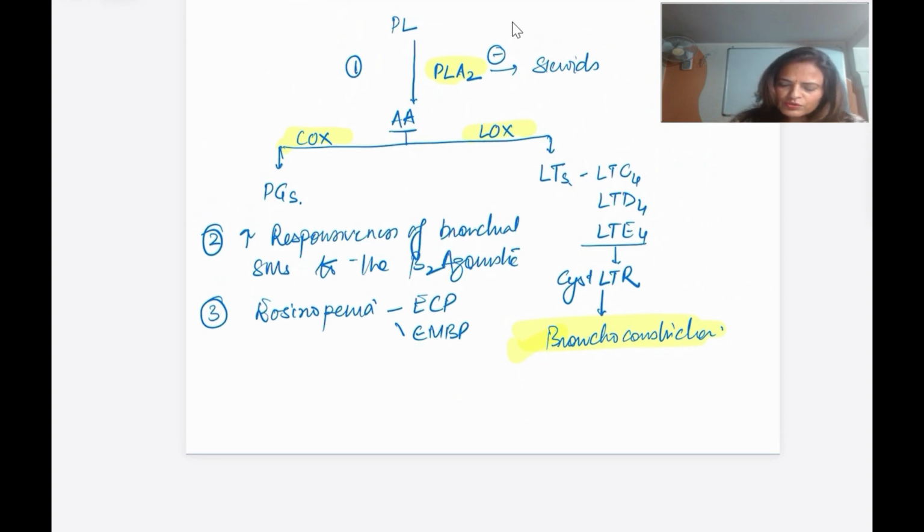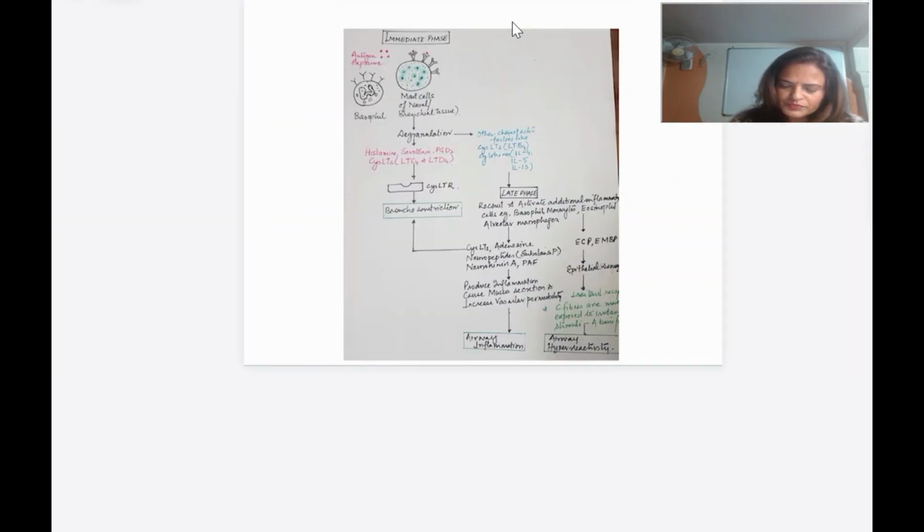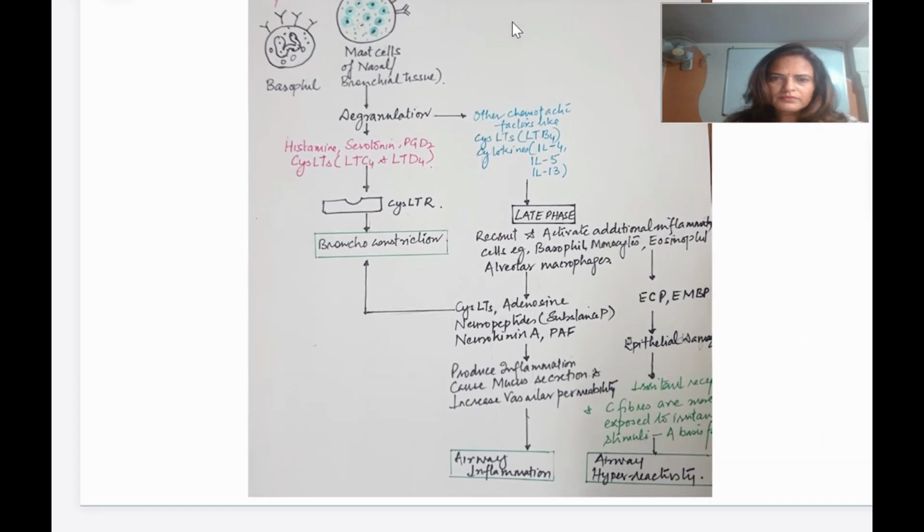So you can see here, from the eosinophil, these two cause the epithelial damage. The irritant receptors and C fibers are then more exposed to irritant stimuli, which causes airway inflammation.